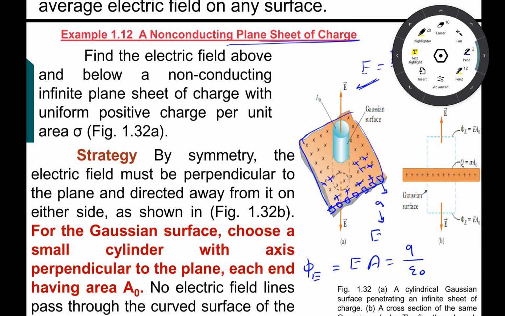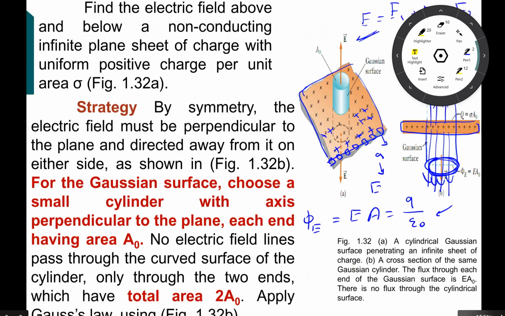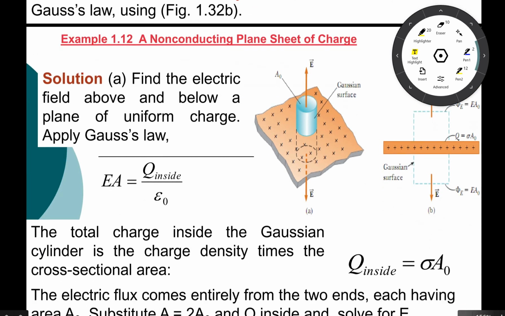From this law, simply, this is the sheet. If we draw a cylinder around this sheet, the field lines outward from the sheet will cross these two surfaces of the cylinder. So simply one can apply Gauss's law.